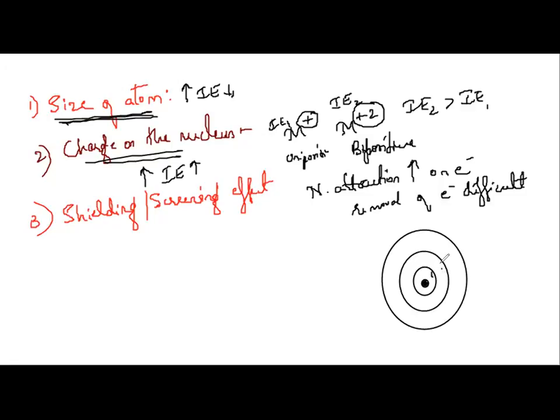These are the shells: first shell, second shell, third shell. There are electrons revolving here, and this is the outermost shell, let me say.